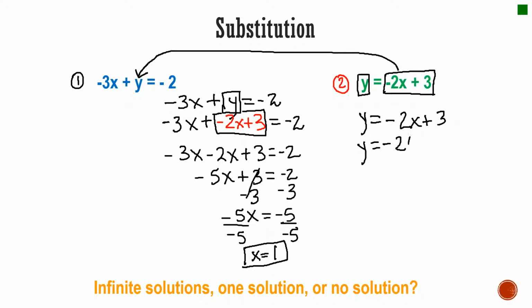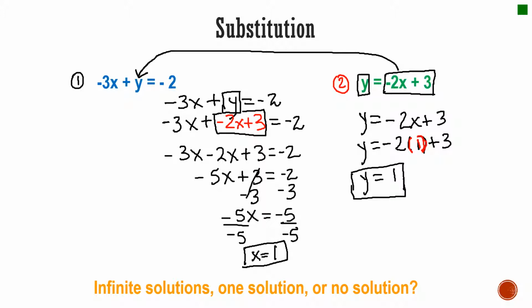I'm going to just plug in this 1 right here where the x would be. And let me change colors so you can see that substitution. And I'm going to go ahead and solve. Negative 2 plus 3 equals 1. And so I can see that y also equals 1.